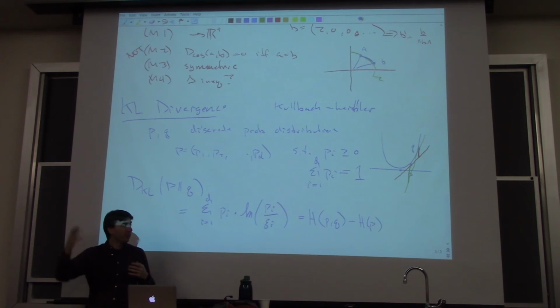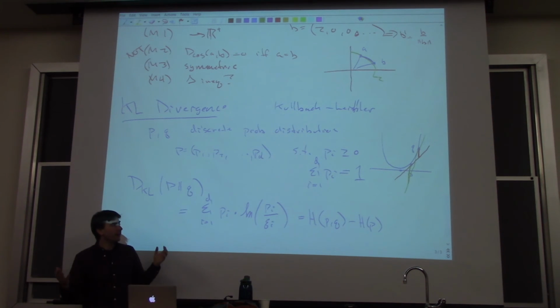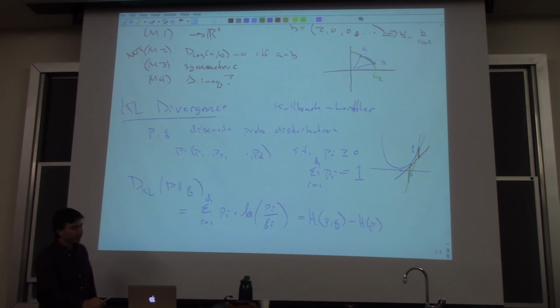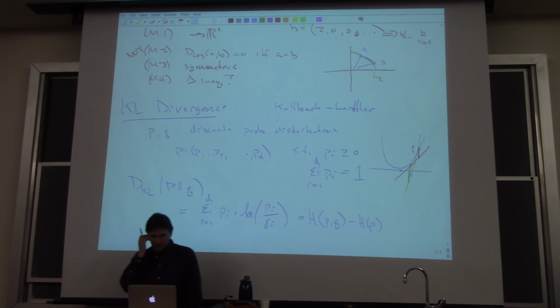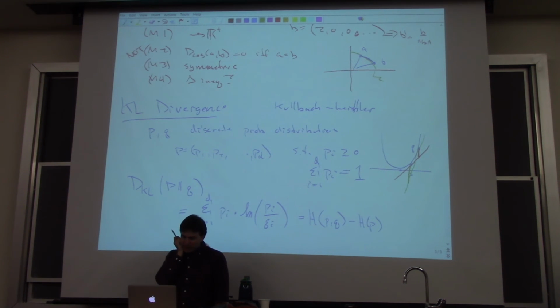Something more extreme would have more measure concentrated in a small number of coordinates, and the distance from that to something else would be much larger than the other way around.